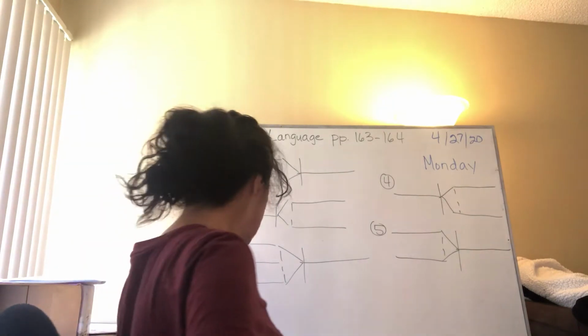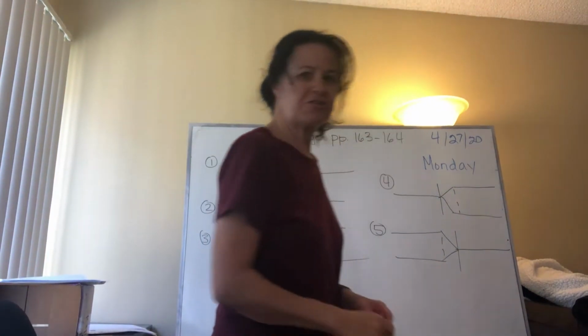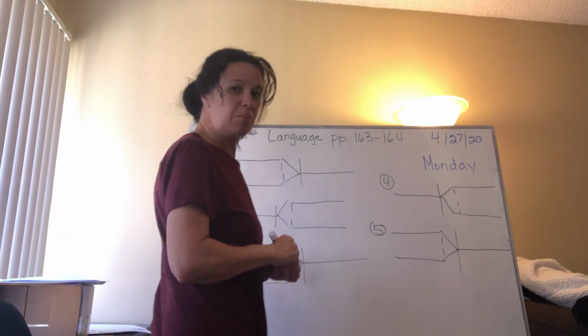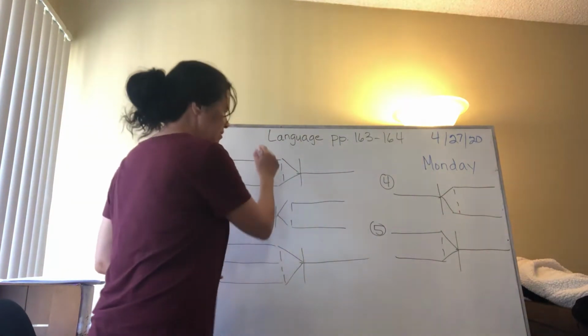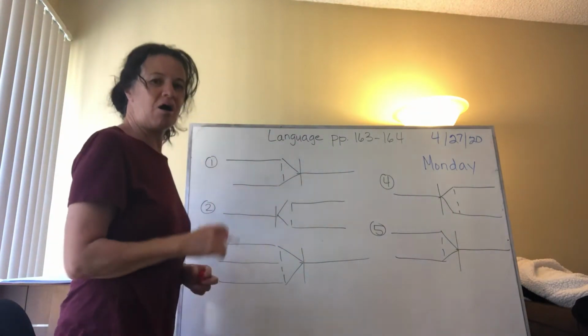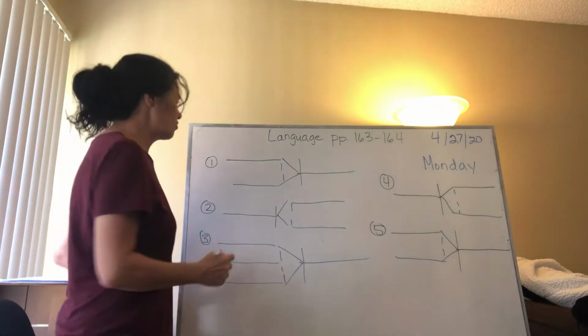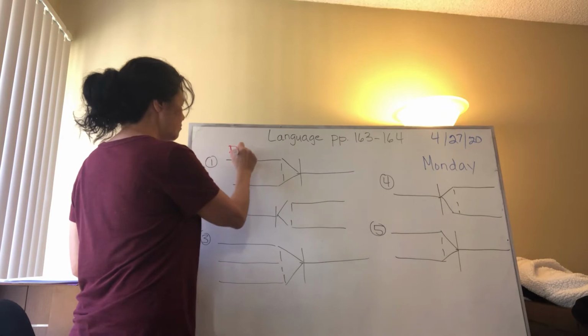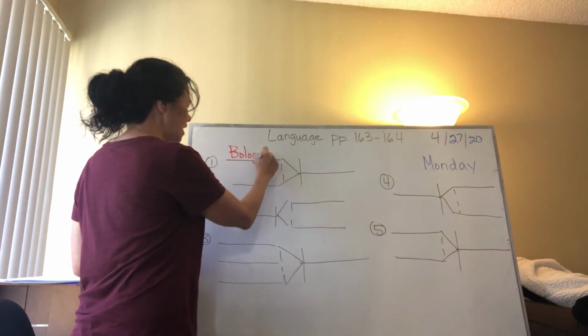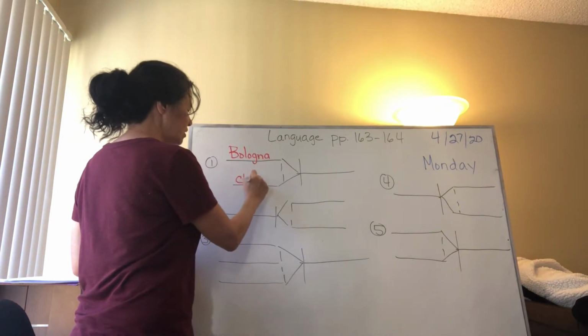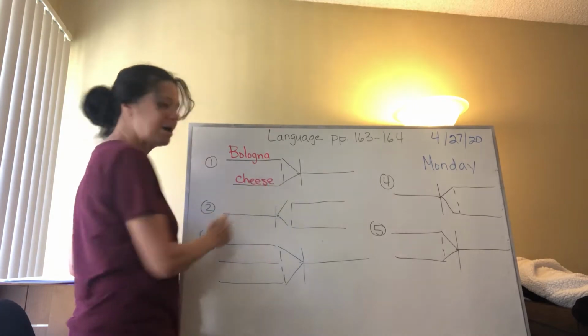That's the verb. So then we're going to put our subject and verbs in the correct diagramming order. So we have bologna, B-O-L-O-G-N-A. We have cheese. That's our compound subject.